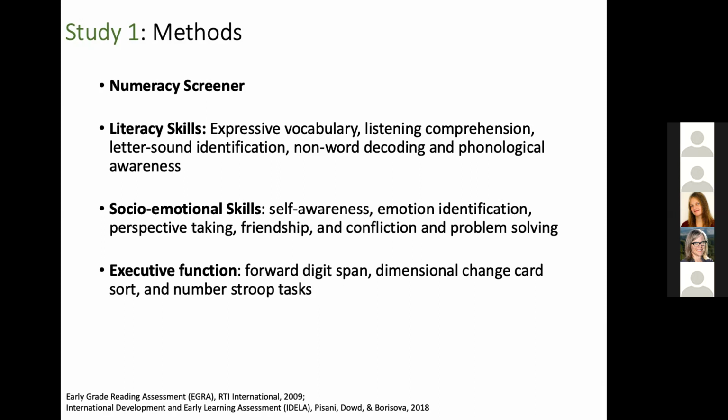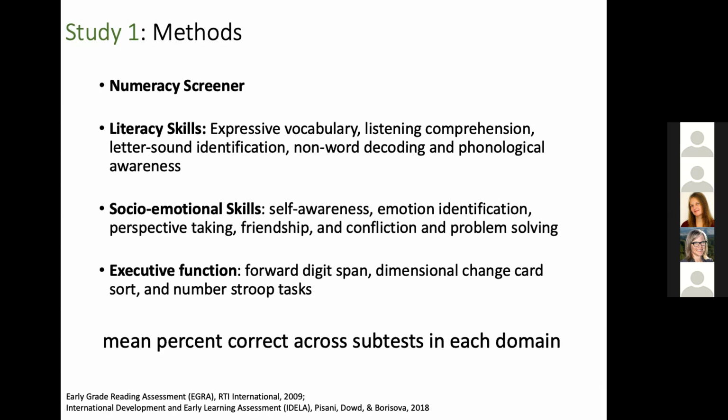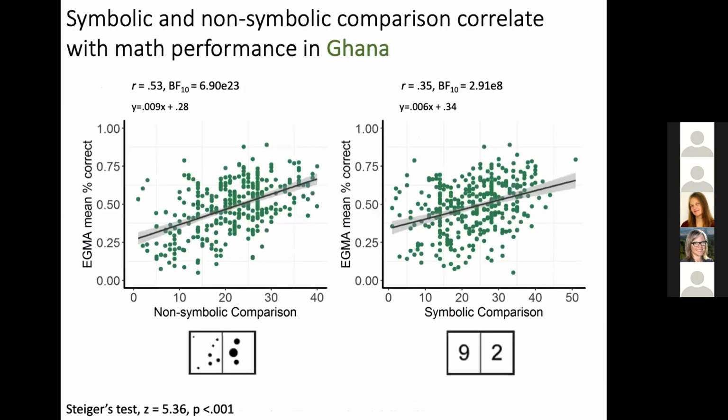So we first tested whether there was a correlation between the symbolic and non-symbolic comparison conditions of the numeracy screener and just general math performance on the early grade math assessment. And what we found was similar to the Canadian data, where there is a strong positive correlation between both the non-symbolic and symbolic comparison skills and math performance.